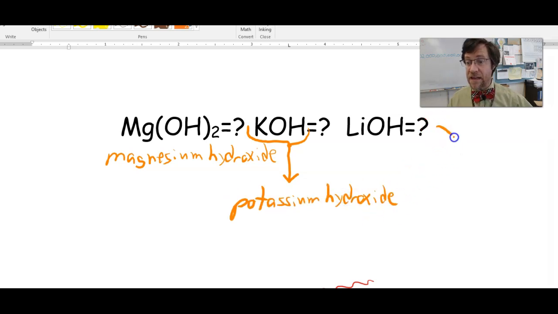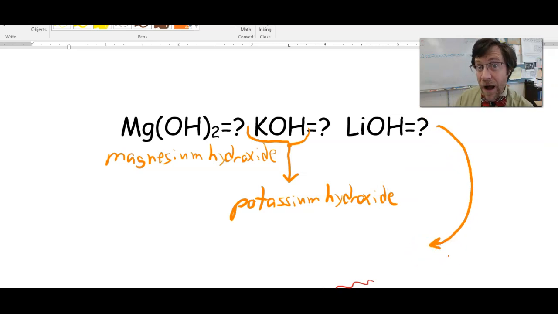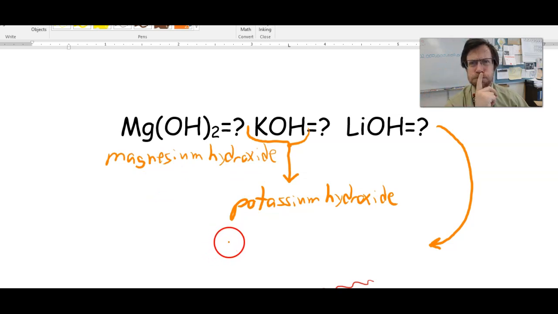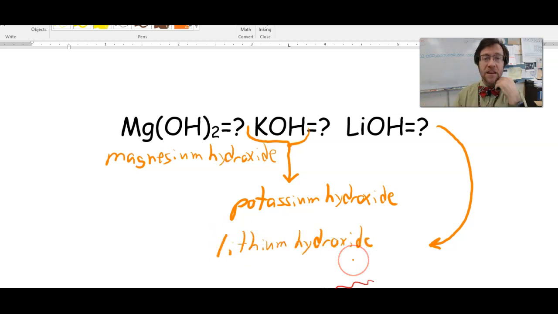And then this weird compound here, where lithium is bonded to hydroxide. What could this possibly be? Yeah, lithium hydroxide. So not crazy hard to name the bases.